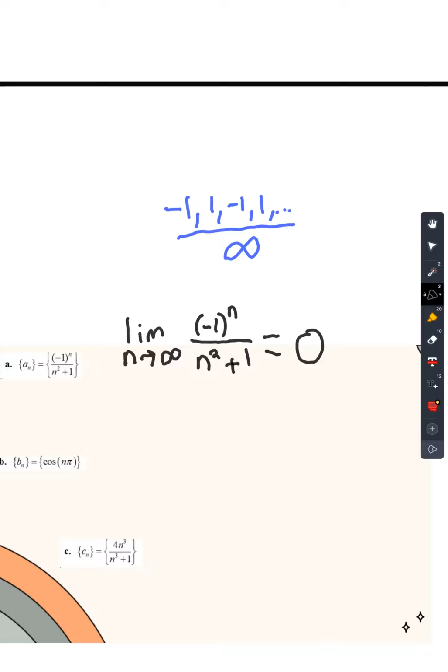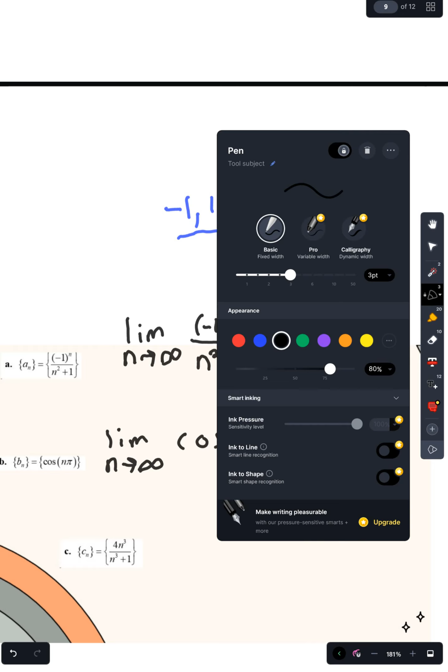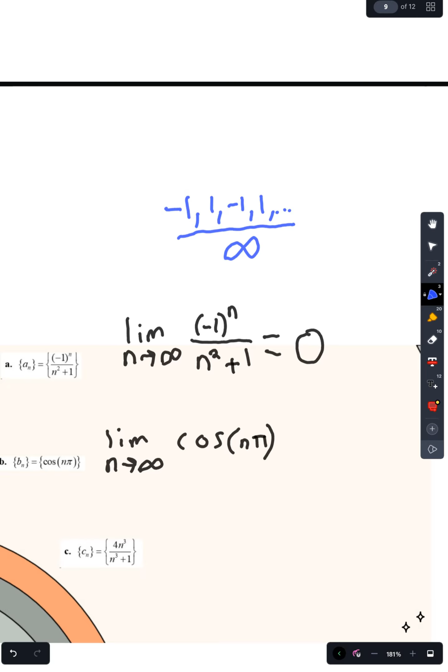Now, on the flip side, I'm looking at the limit as n goes to infinity of my cosine function. This time, again, we're plugging in those integer numbers. If I plug in 1, cosine of just pi is -1. Then I plug in 2.